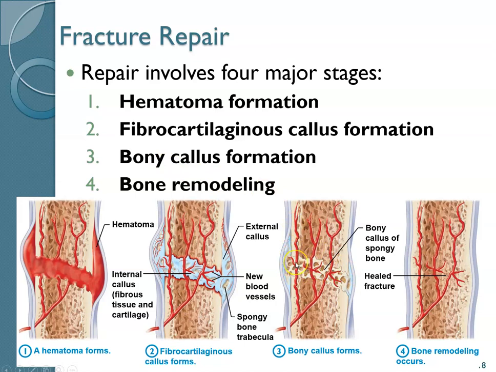What we want to do is return it back to its original shape. So wherever there was compact bone, we're going to put compact bone, and wherever there was a cavity, we're going to put a cavity in. So the bone undergoes remodeling, reshaping to try and return it back to its original shape.